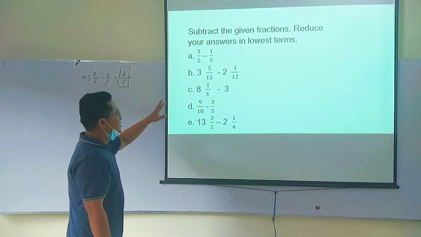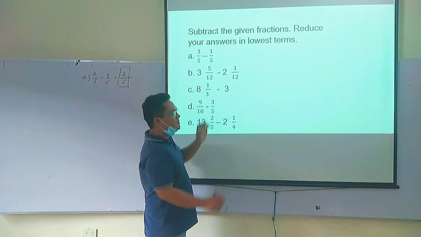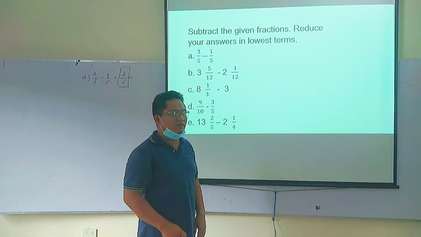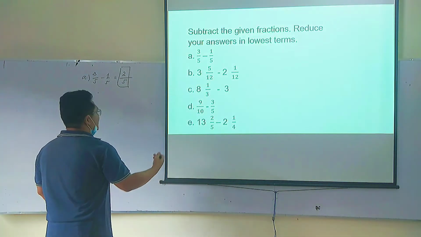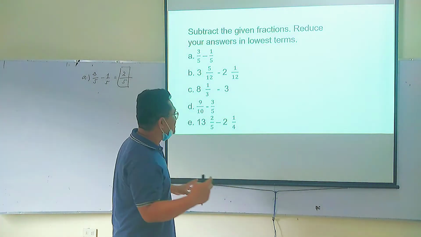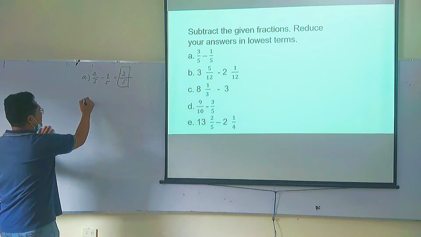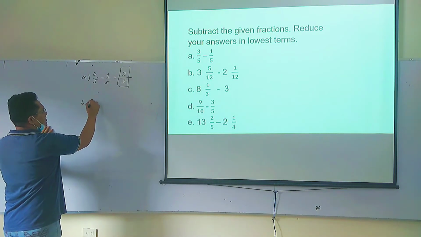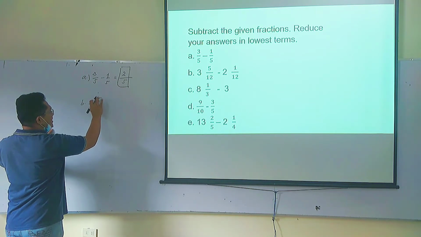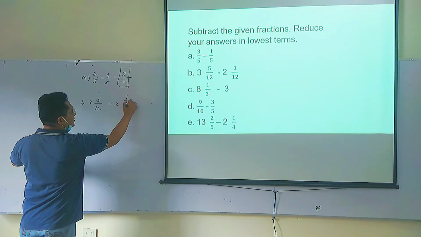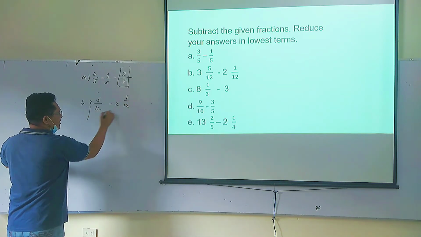Letter B. Mixed numbers, but the same denominators. So, similar fractions. So we apply our rule with our subtraction where we split first the whole number. So letter B, it's 3 and 5 over 12 minus 2 and 1 over 12. Our technique is to separate.